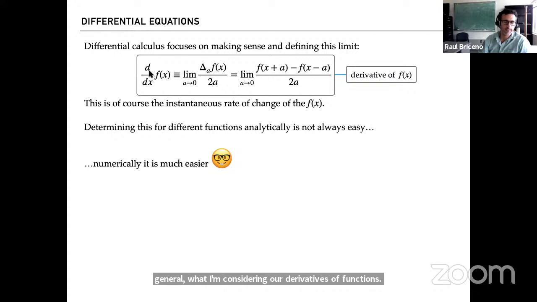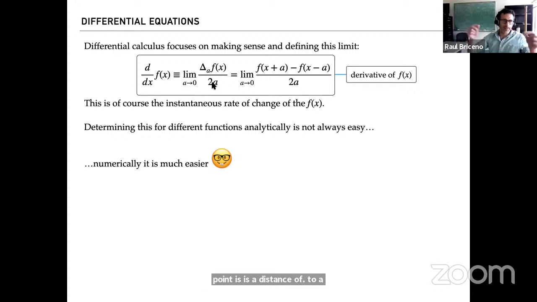Okay, this symbol d over dx of some function is just defined as the change of the function divided by the change of my independent variable, where we're going to use this notation in which the separation between the initial and final point is a distance of 2a, okay?